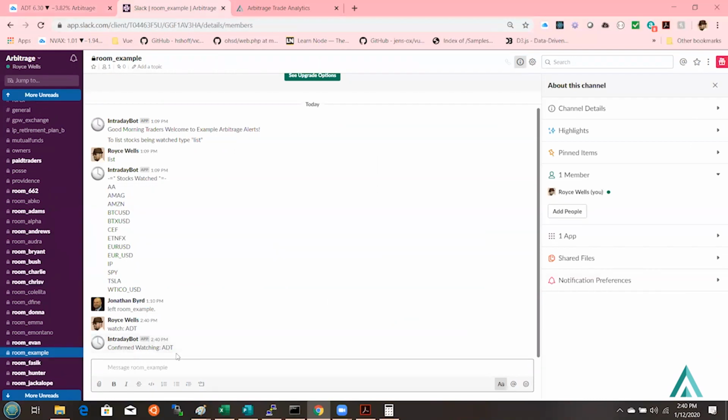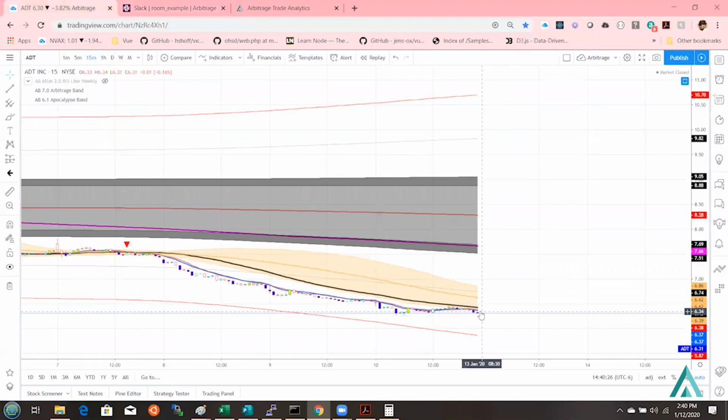So on the 15-minute chart, if it triggers the buy, which I'm waiting for it to do on the arbitrage band or the apocalypse band, that's when I would buy the stock.